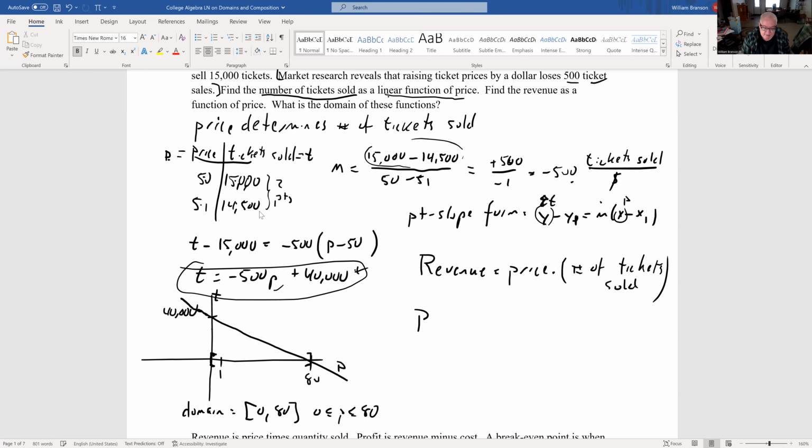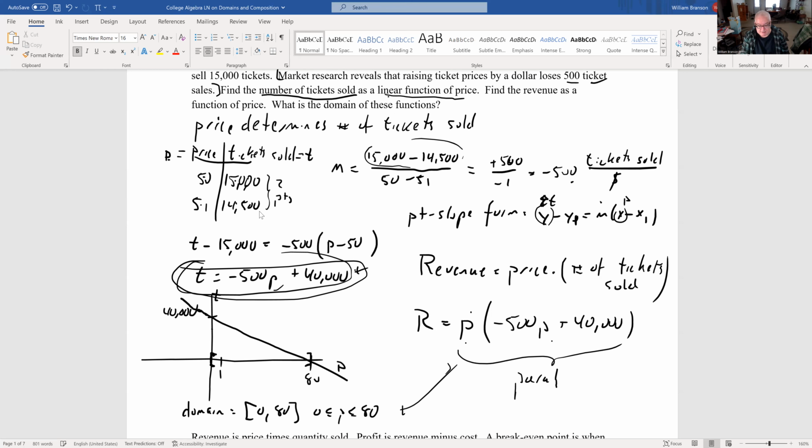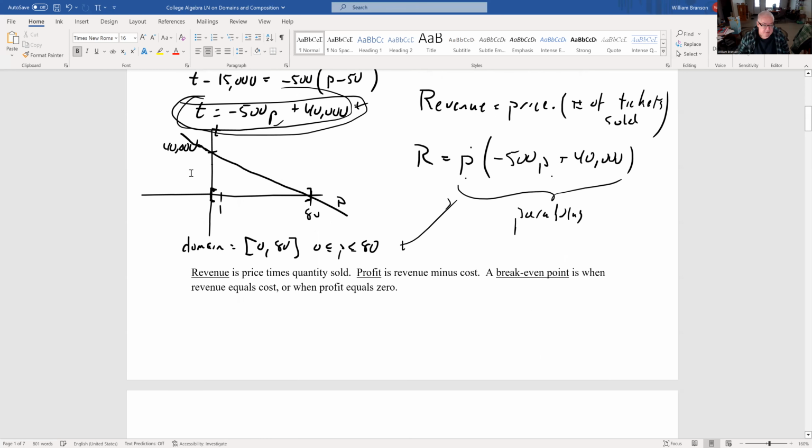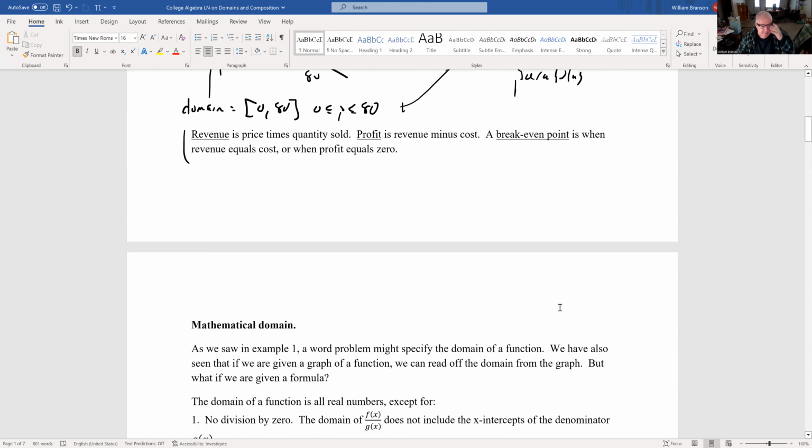So here we can rewrite revenue as a function of price, because the price is P, and for the number of tickets sold, we actually have a formula: minus 500P plus 40,000. And its domain would be the same because you can only set P between 0 and 80. And this is actually a parabola, not a line, and we will see more about parabolas as we go forward. In general, revenue is price times quantity sold, profit is revenue minus cost, and break-even is where profit equals 0, revenue equals cost, and we'll see that coming up in the future.